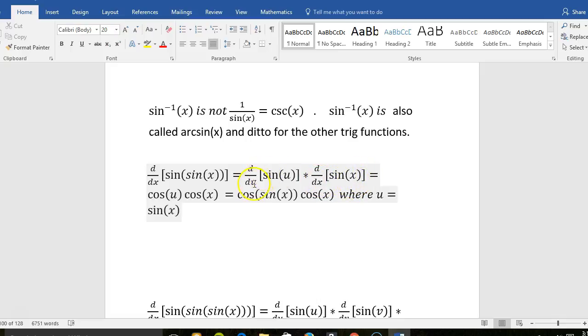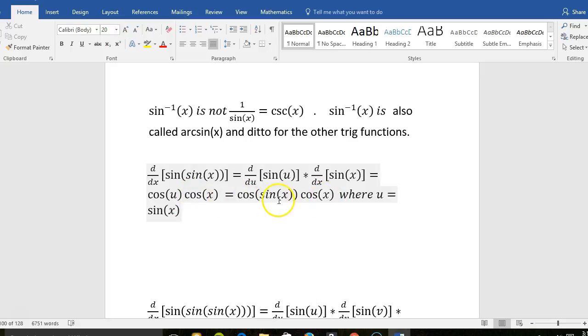Well, d by du of sine u is cos u, and d by dx of sine x is, no surprise, cos x. But now, guys, remember, you have to replace u with what it was in terms of x. u is sine of x, so you replace this u right here with this sine of x right here. So we have the cosine of the sine of x times the cosine of just x.